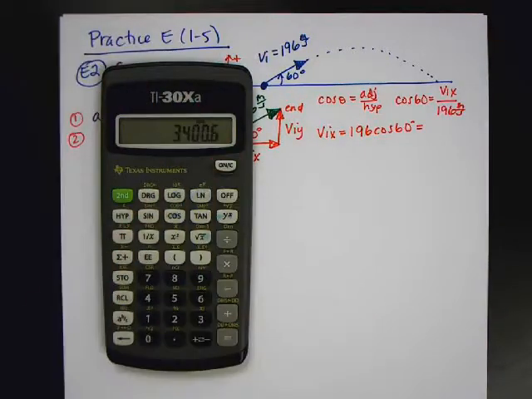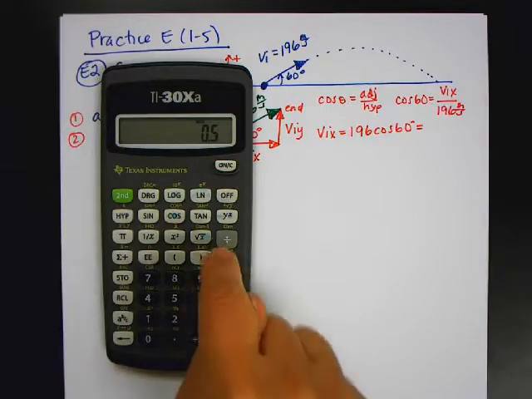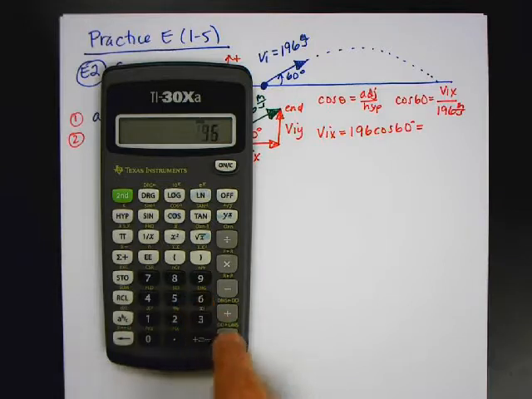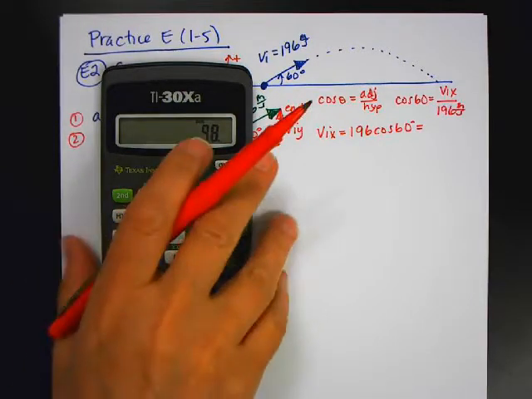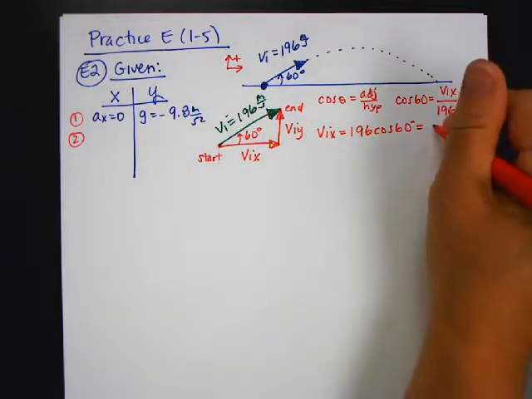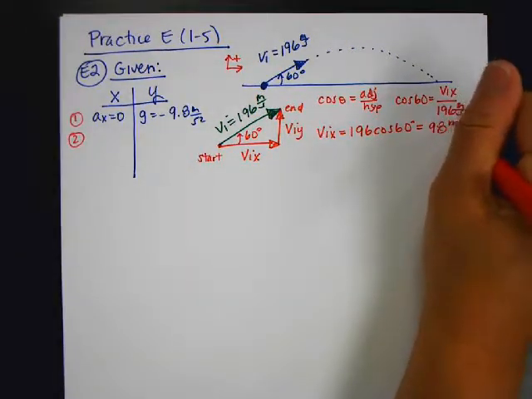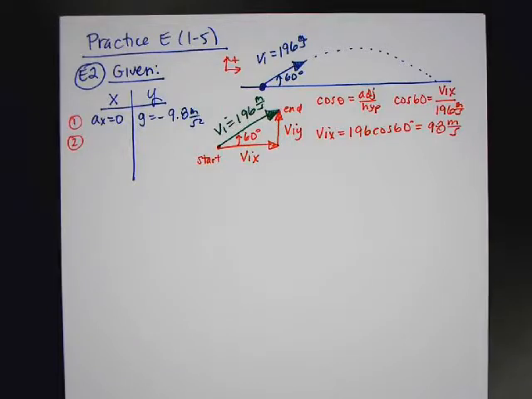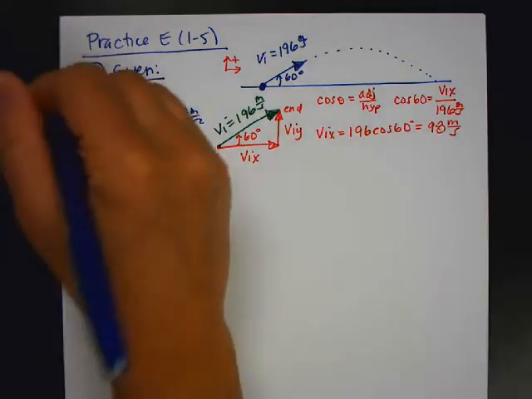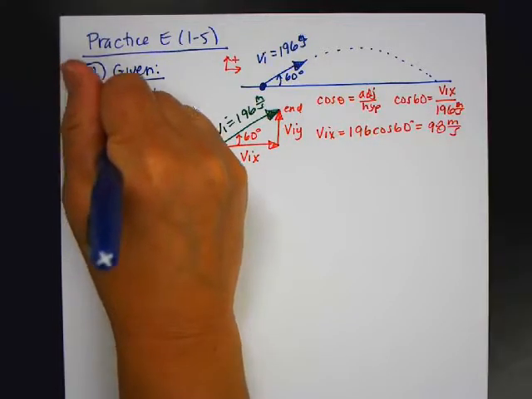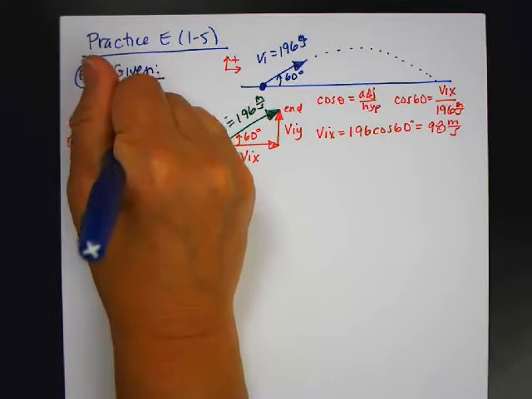So if I look at my calculator, I press 60 cosine times 196 equals, and it comes out to be 98 meters per second. So VIX is 98 meters per second. Now I can go ahead and put this in my given. VIX is 98 meters per second.